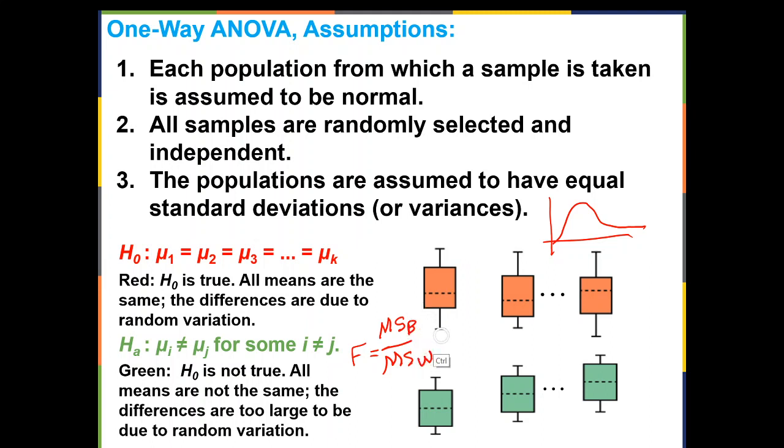These have different names: explained, unexplained, treatment, and all kinds of names. But for now, we just call them between and within. So MS between, MS within. You divide them, you get an F. You bring your F over here, and it's always a right tail test. And then that's your p-value. You compare your p-value with alpha, reject or fail to reject. That's the idea.